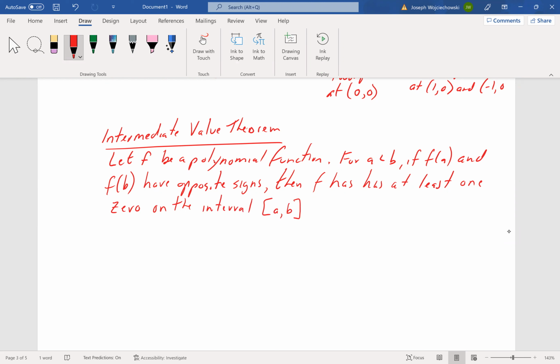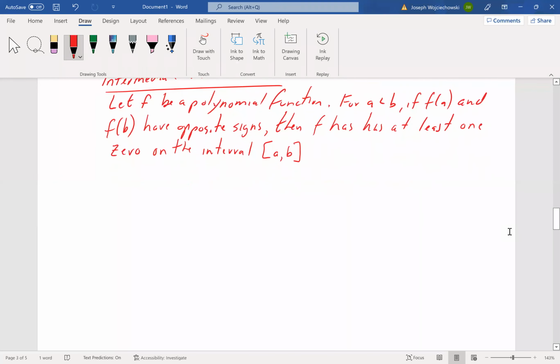So let's see. Let's apply this and see what happens. So what if f of x equals x to the fourth plus 6x cubed minus 26x plus 15.